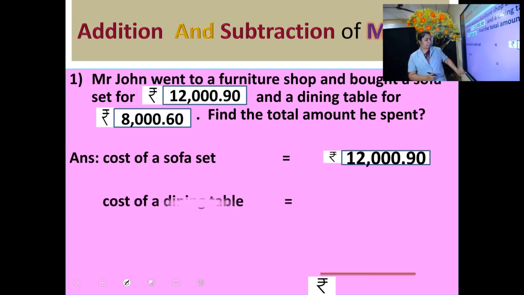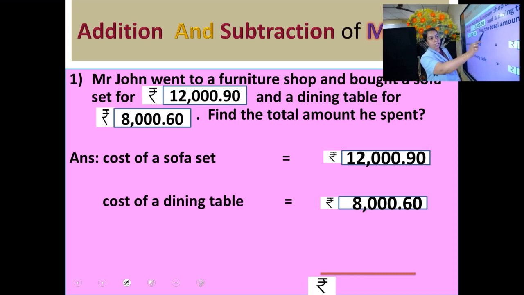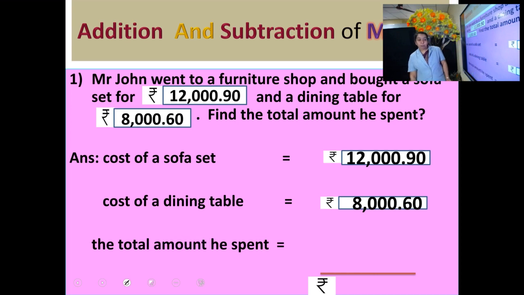Then next, cost of a dining table. Cost of a dining table is how much? Yes, rupees 8,000.60. What will be the third step? The last line. Total amount he spent. How do you do it? Total amount, just add these two numbers.